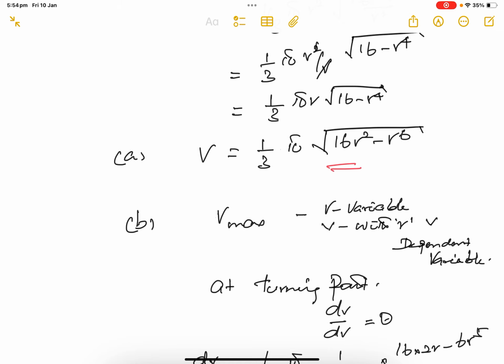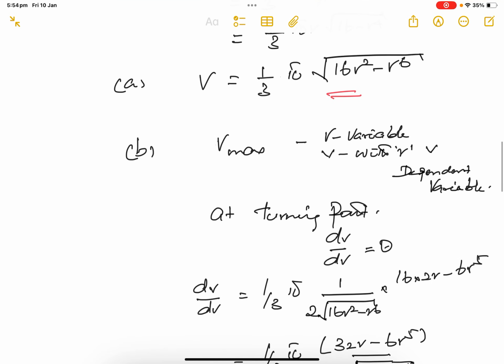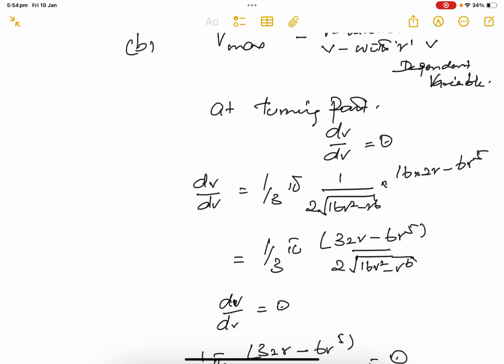Wherever someone talks about maximum or minimum, it's a turning point. What we know at a turning point is that the differentiation of the function with respect to the variable will be 0. So here, dV over dr equals 0. That is what we have to start with.